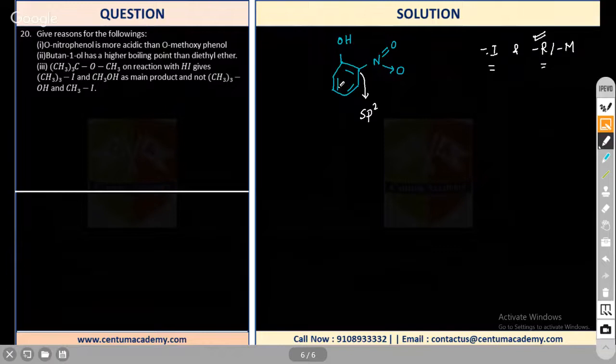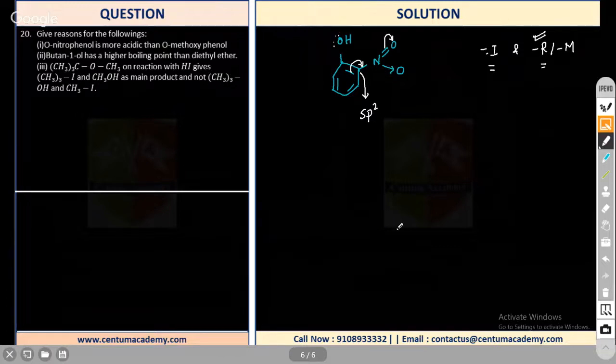Now because of this minus R, it withdraws electron from this ring, right? And the electron density on oxygen decreases, and then it can lose this H plus easily, which is nothing but the polarity of the OH bond decreases and removal of H plus is easy over there, right? So that's why this is acidic.